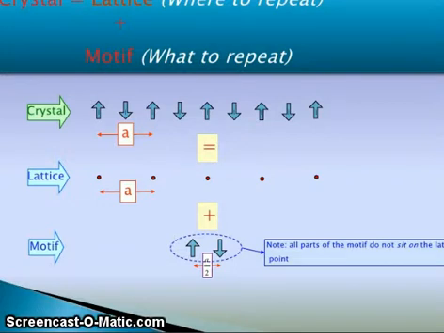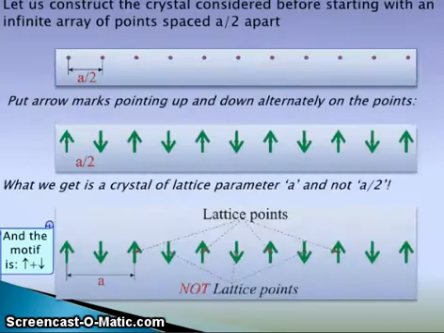Note all parts of the motif do not sit on the lattice point. Let us construct the crystal considered before, starting with an infinite array of points spaced a/2 apart, and put arrow marks pointing up and down alternately on the points.